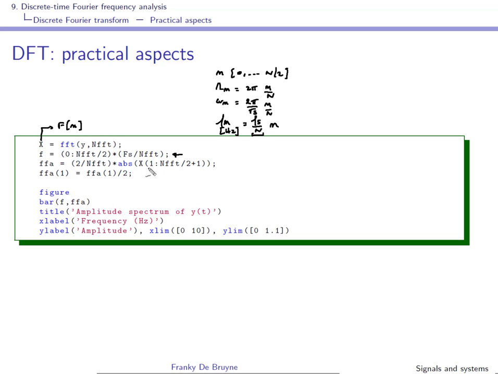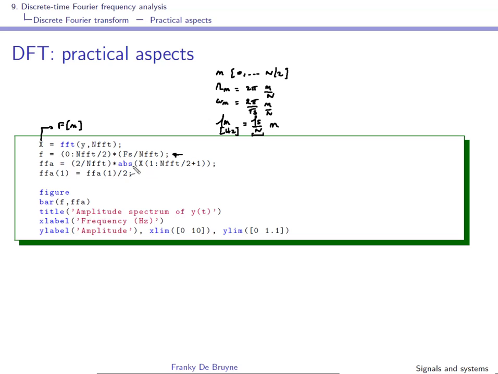Now we have to take the first N over 2 values in the vector x. But here n ranges from 0 to N over 2. In Matlab the indices start from 1, so of course we have to start from 1 and go to N over 2 plus 1, right?